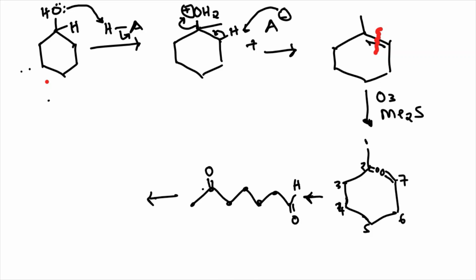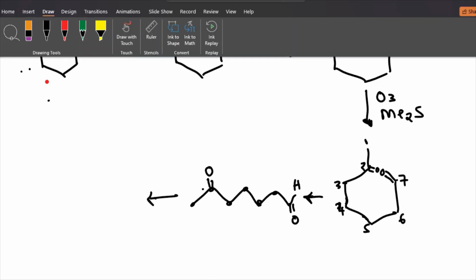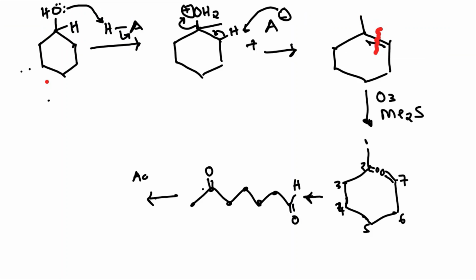So if you treat an aldehyde, you know this is an aldehyde here, you treat it with diamine silver hydroxide, which is Tollens' reagent.